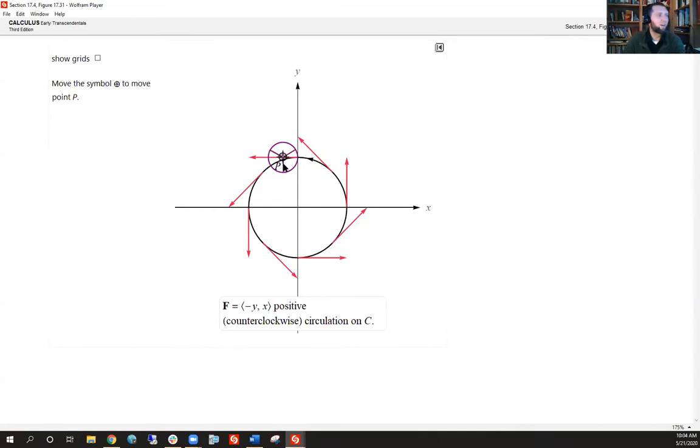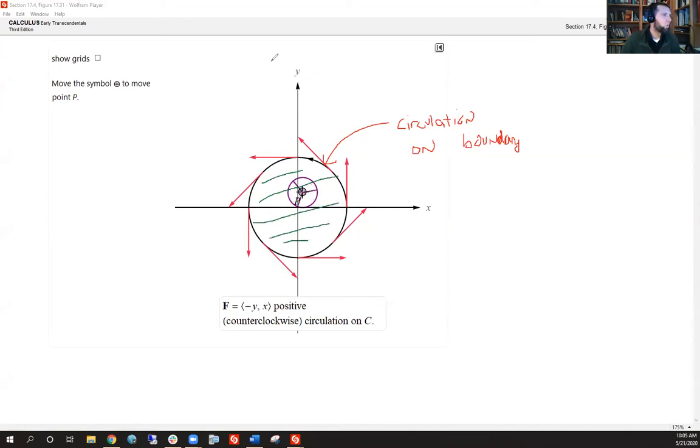So you have this idea of the circulation on the boundary, and then we could come in here and look inside and ask what's happening with our little wheel all the way inside.